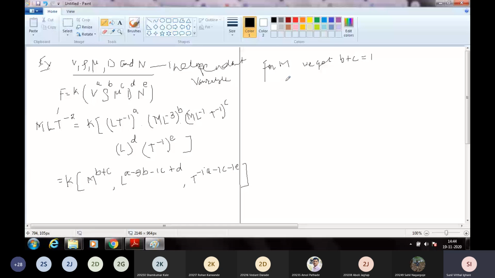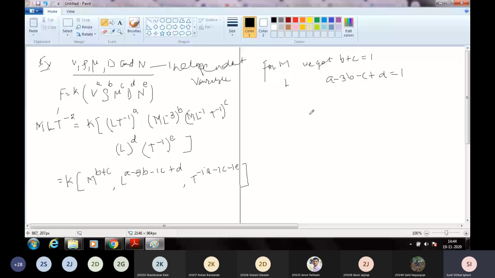In the same way, if you see the L term, for L we get A minus 3B minus C plus D is equal to what? Is equal to, see the left hand side, L raised to minus 1. Sorry, L raised to 1. So you write it here 1.